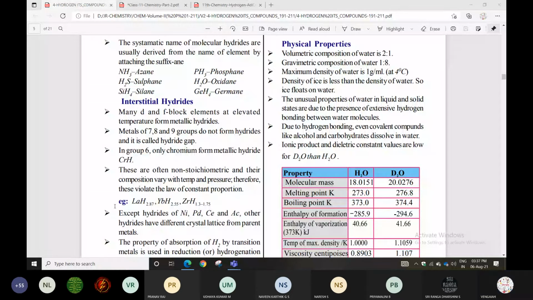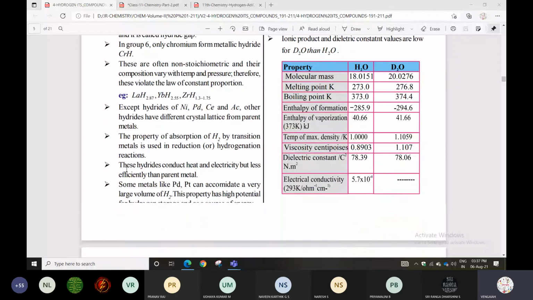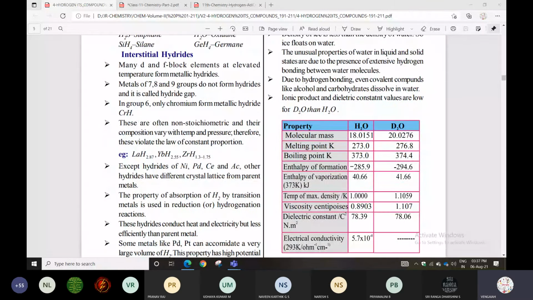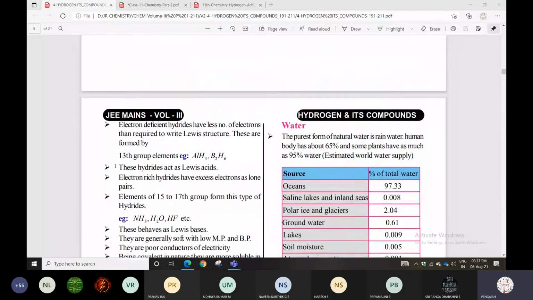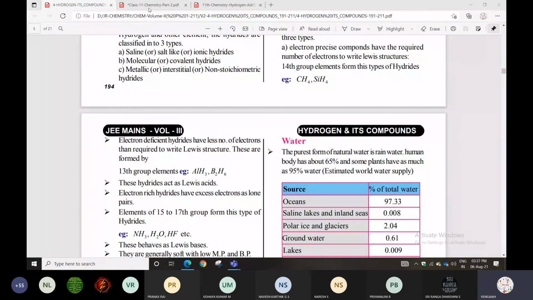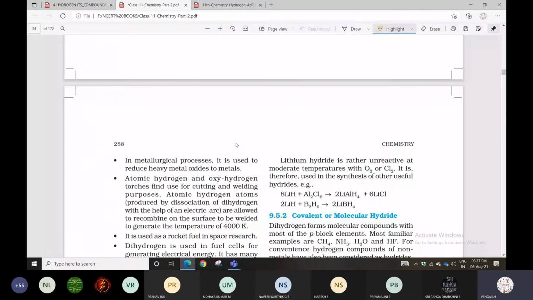So today is enough. We'll discuss the remaining things in the next class. Today I explained two topics. Topic one is dihydrogen. Under dihydrogen, what is the preparation? What are the properties? All we discussed, under uses also.